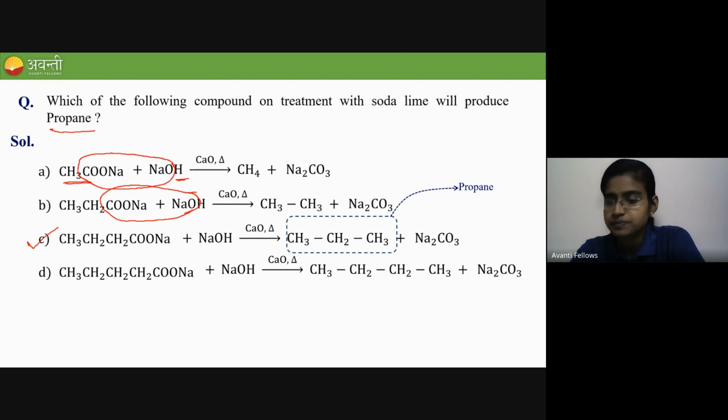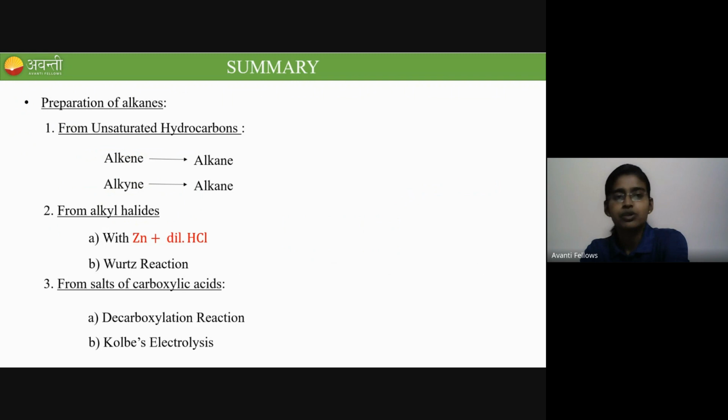Now let me summarize the preparation of alkanes for you all. Majorly we had three categories: from unsaturated hydrocarbons, from alkyl halides, and from salts of carboxylic acids. Here both are unsaturated compounds and both gave alkanes using which metal?